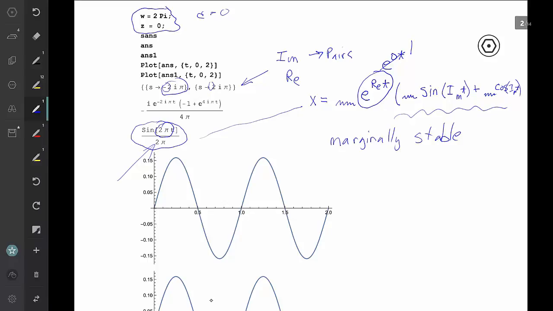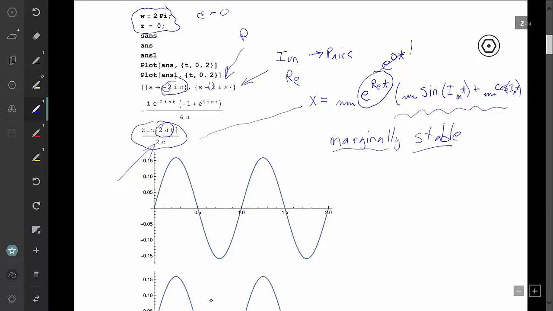So here are some of the questions I would ask you. I would ask, is this stable? The answer is no, it's not stable. It is marginally stable. How do you know? Because if you look at the real parts up here, there are none. It's not positive, it's not negative, it's 0, which means it won't disappear. The next thing would be time constant.